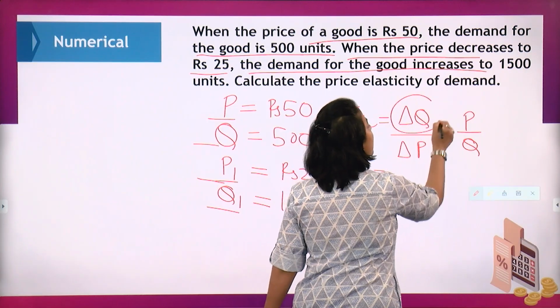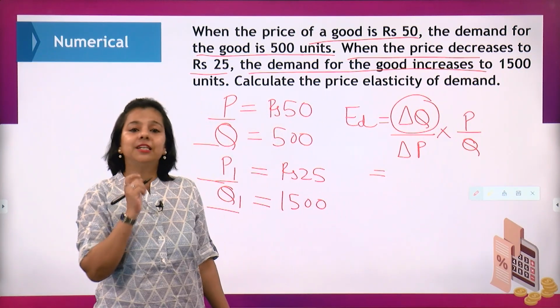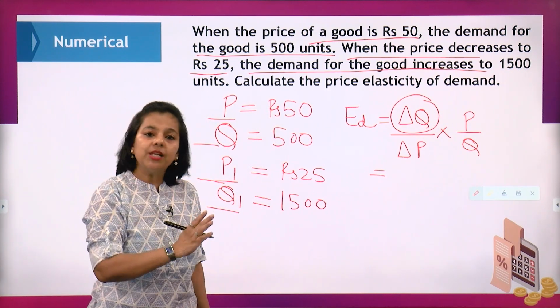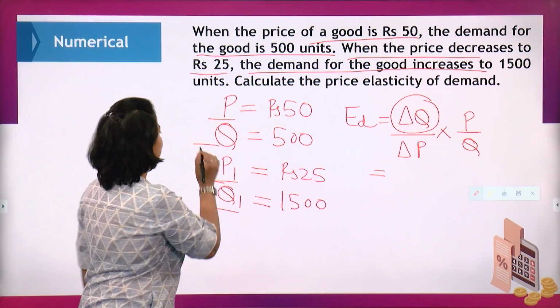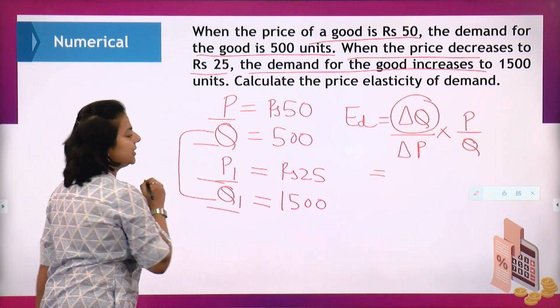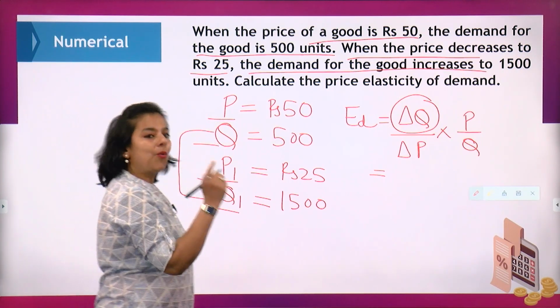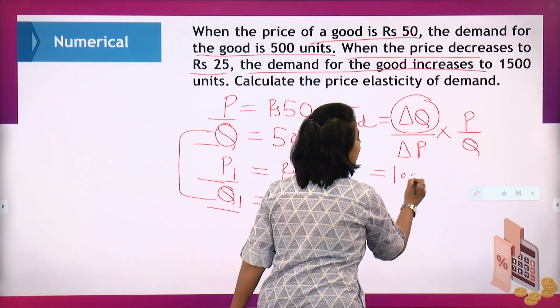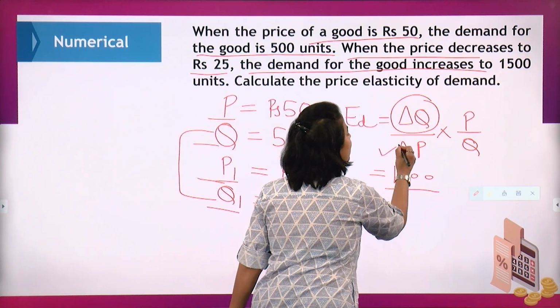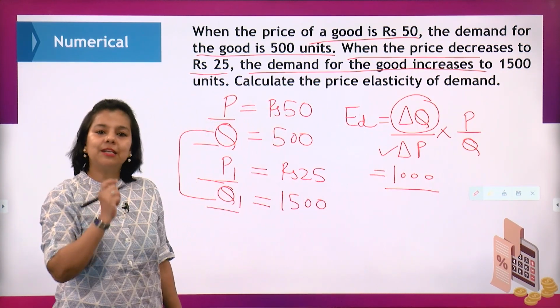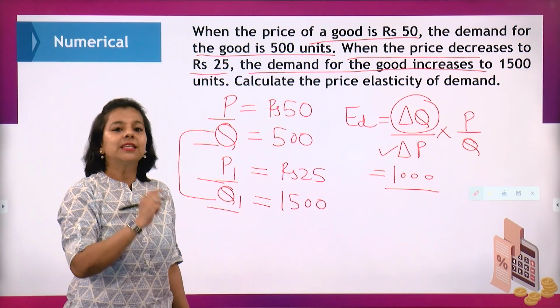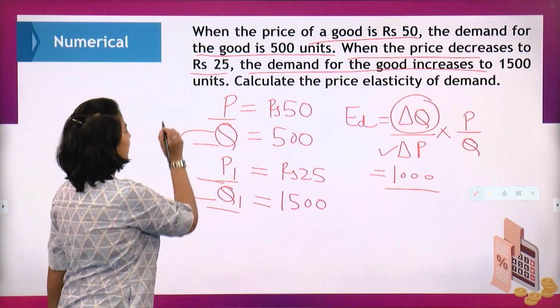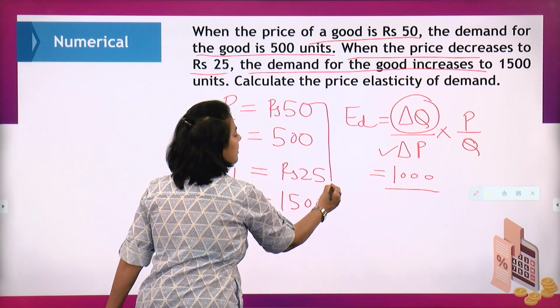Here, change in Q means the difference between original quantity and new quantity. So, the difference between these two things will be 1000. In the same manner, change in P means the difference between new price and original price. The difference between these two things.